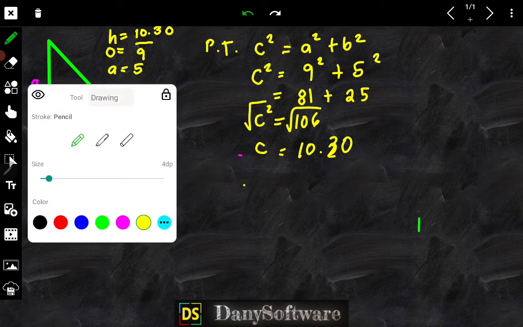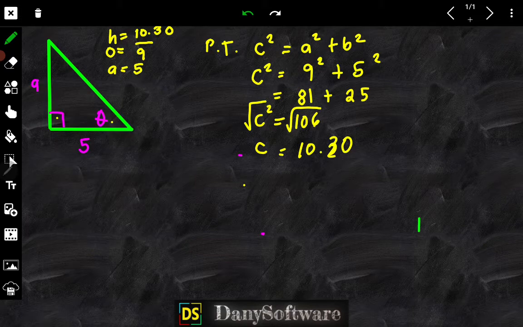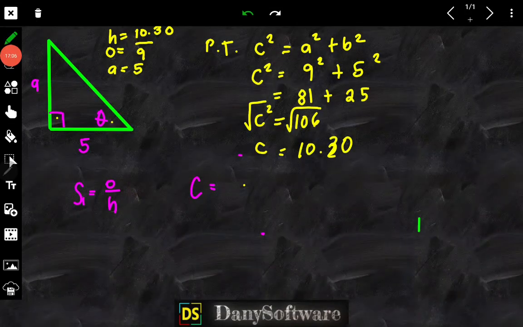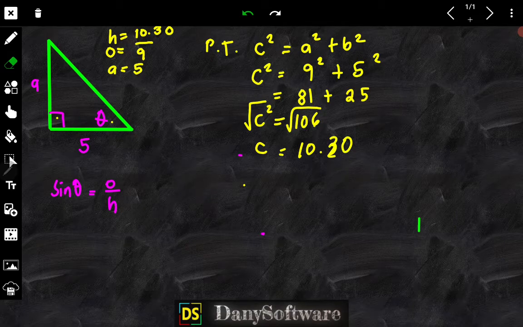So, using SOH, sine is equals to opposite over hypotenuse. Sine theta is equals to opposite over hypotenuse.